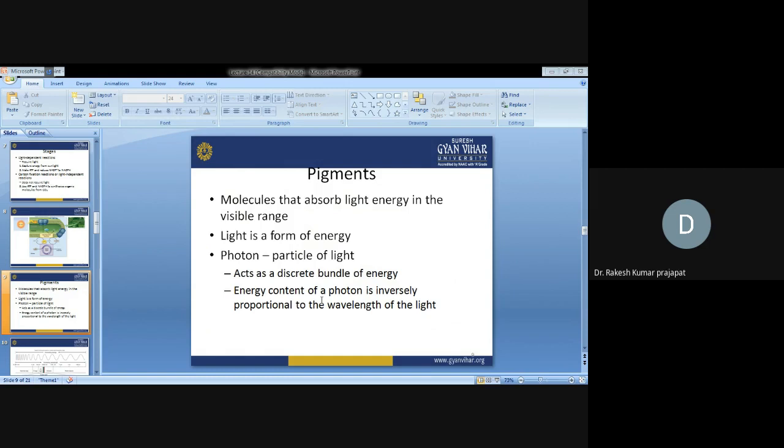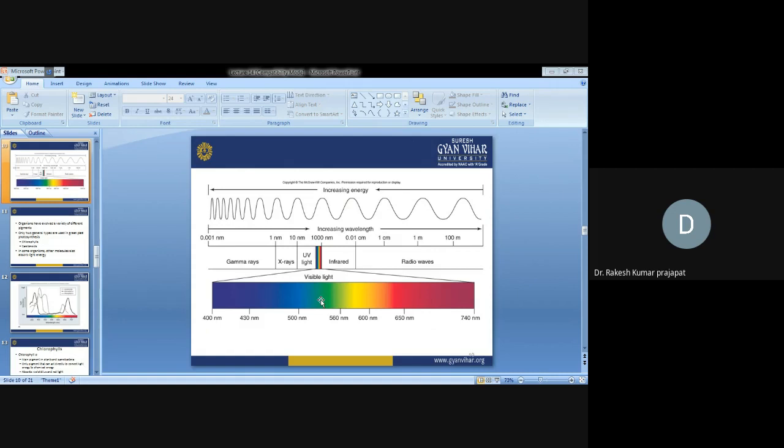Wavelength is more, energy is less. Here you can see the visible spectrum, and the main absorption spectrum is 400 to 700 nanometers of light, which is known as photosynthetic active radiation.